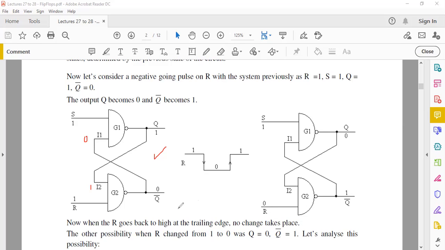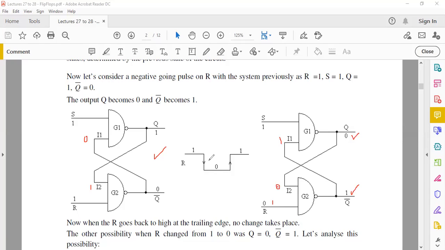So this becomes high here. You can see it's changed from 0, it has become 1. And then this one is fed back here. 1 times 1, you get 0. And if you want, you can feed back that 0 here. So again, 0 times 0, you're going to get your 1. So if your R now gets back to high, this doesn't matter. It's still going to maintain that state.